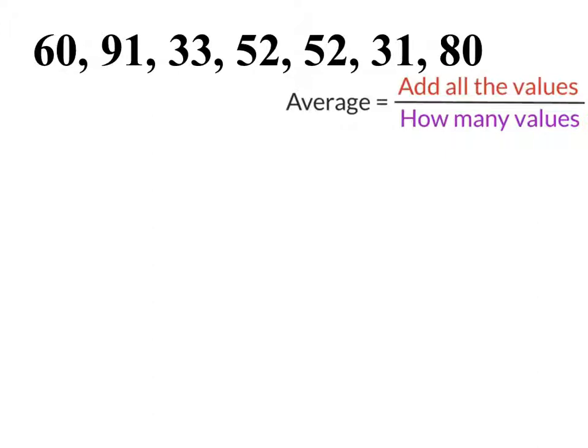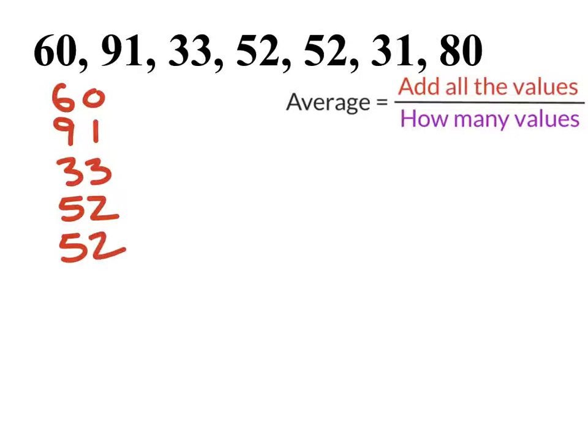So on a problem like this one, I would take all the values and add them together. 60 plus 91 plus 33 plus 52 plus a second 52 plus a 31 and then plus an 80. So I'm just adding these all together.